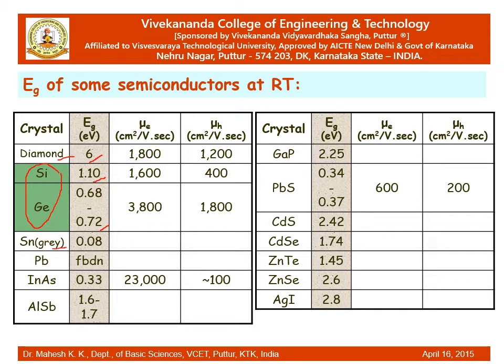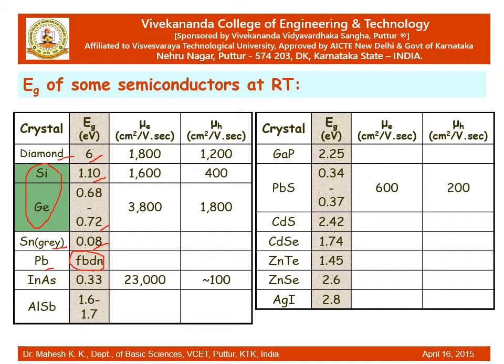Tin is in fact a metal, or a semi-metal, which has an energy band gap of 0.08. And lead is a metal itself, so you don't have an energy band gap.